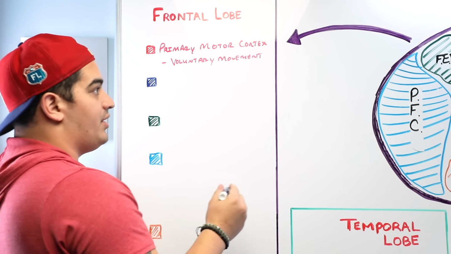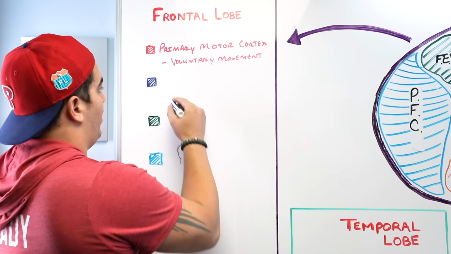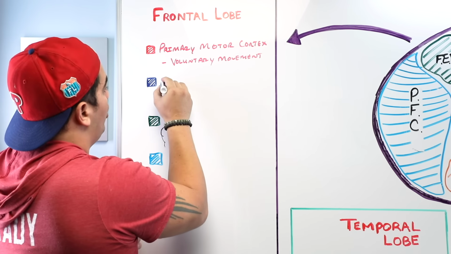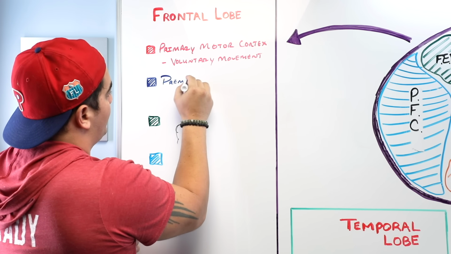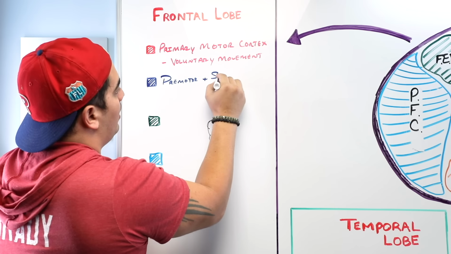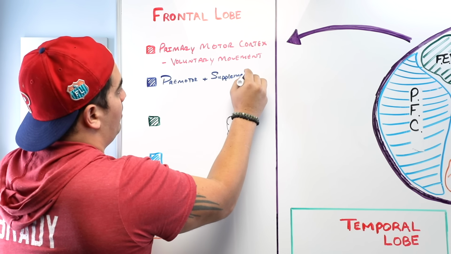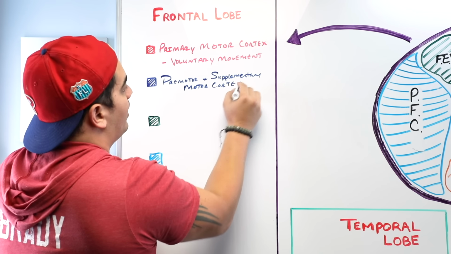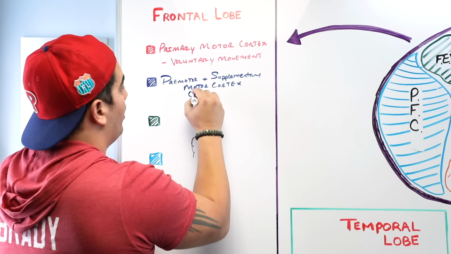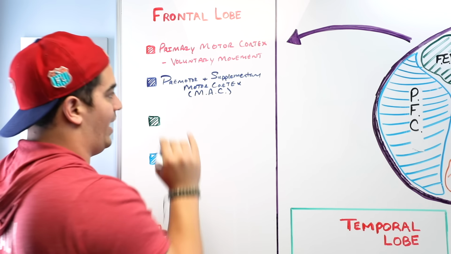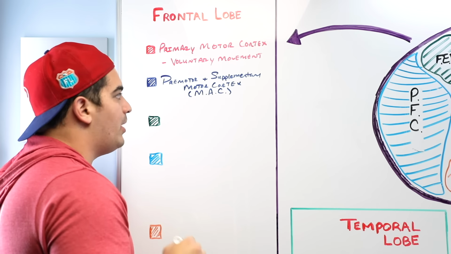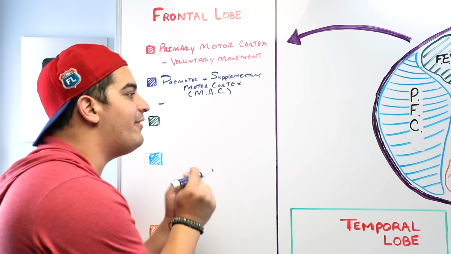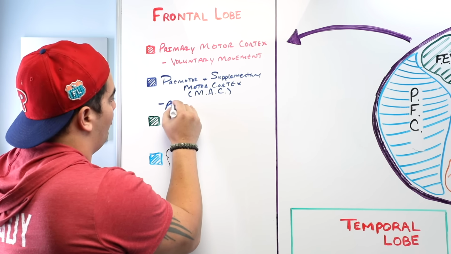We said just anterior to that was your motor association cortex, right? Now, your motor association cortex, I want you to remember that it's made up of two areas, right? We're going to write them now as your premotor cortex and supplementary motor cortex. But again, the combination of these two is called your motor association cortex. Now, the premotor and supplementary motor cortex, they also are involved in voluntary movement, but more specifically, they're involved in the planning of movement.